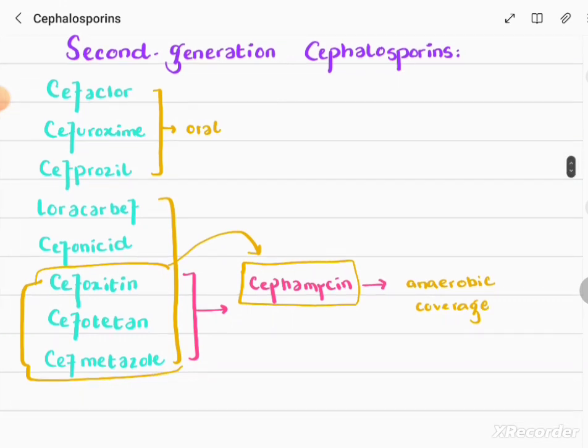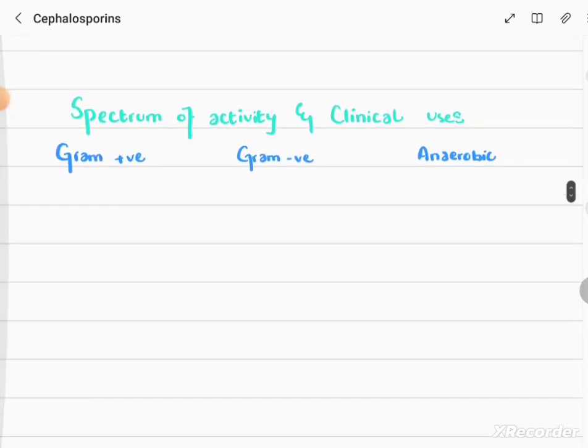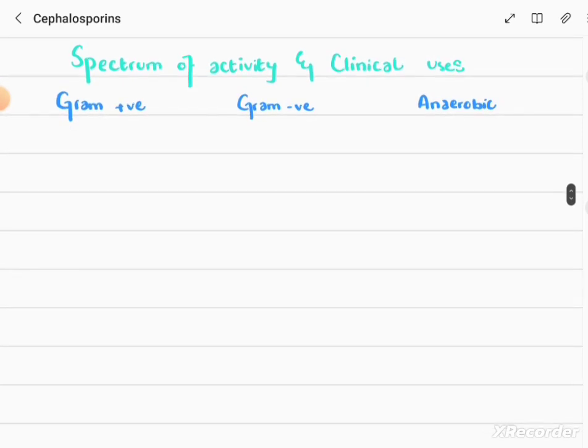Now we move towards the spectrum of activity and clinical uses of these cephalosporins. As we have discussed the bacteria in detail in the first generation cephalosporins, they have the activity of first generation cephalosporins, and along with that, they have extended gram negative coverage. They are active against the gram positive bacteria, streptococci and staphylococci.